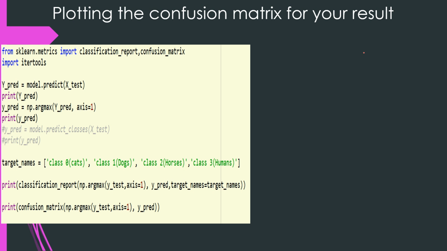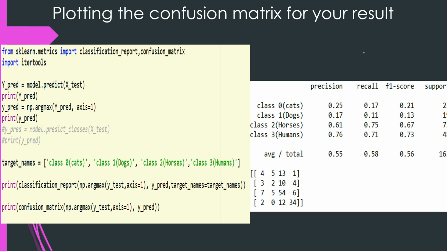Then you can plot your confusion matrix, which will give you an idea of how your network is doing. This is the block of code, and this is the library which you need to import: classification report and confusion matrix. You give x test and it will give you y prediction. You can print y prediction.